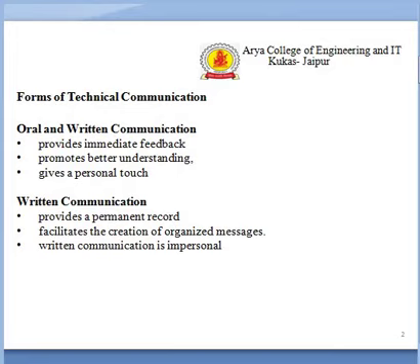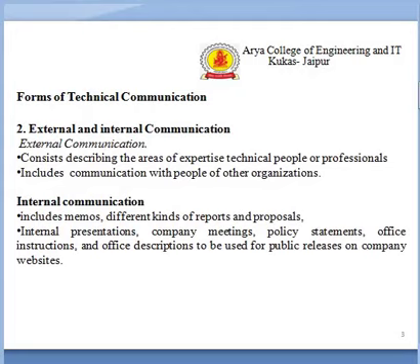The second is external and internal forms of communication. These are the two widely recognized categories in technical communication. External communication consists primarily of describing the areas of expertise of technical people or professionals.